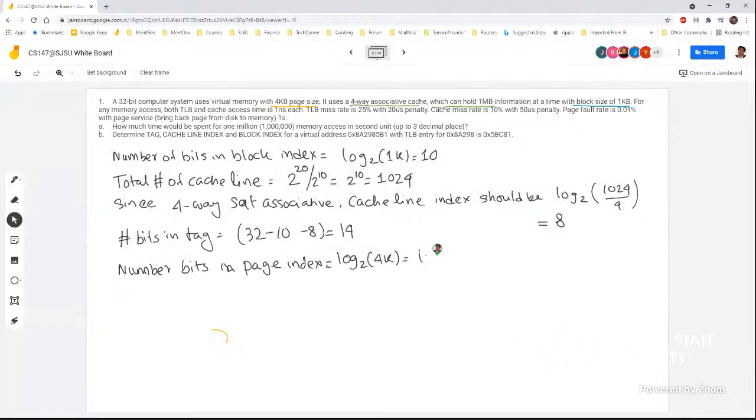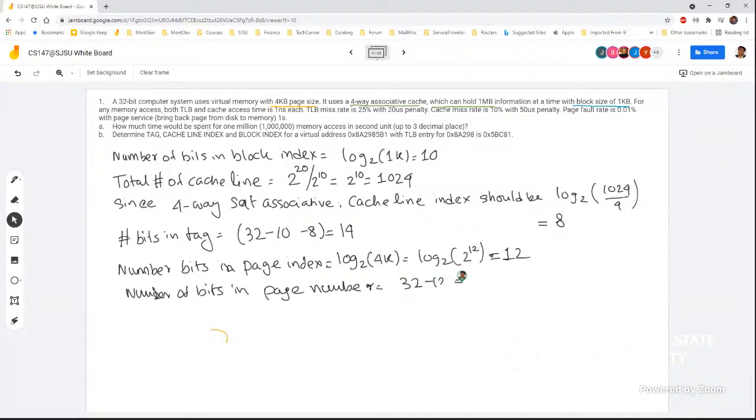This is 2 to the power 12, so this is equal to 12. That means the number of bits in the page number is 32 minus 12 equals 20.